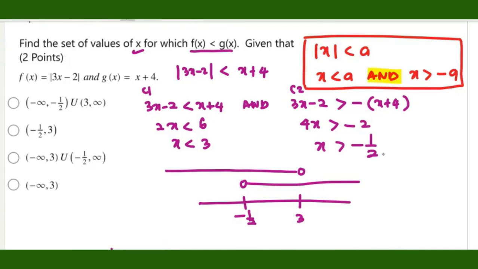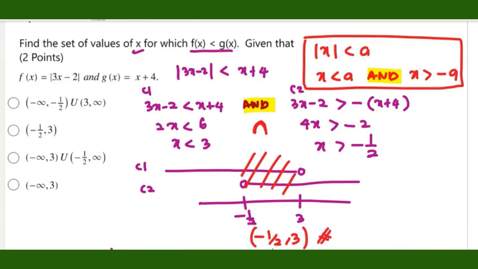If it's less than, then you have to go for the intersection between the two cases. Okay, this is case 1, this is case 2. So go for intersection. So the answer should be in between negative half to 3, not including.